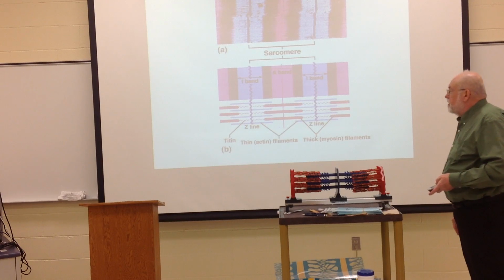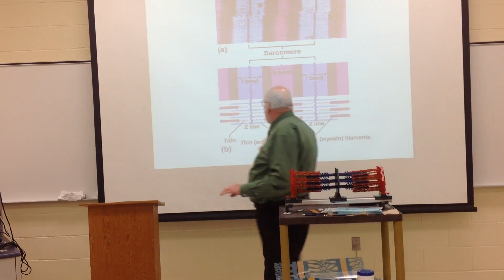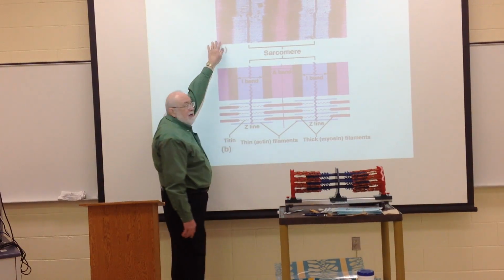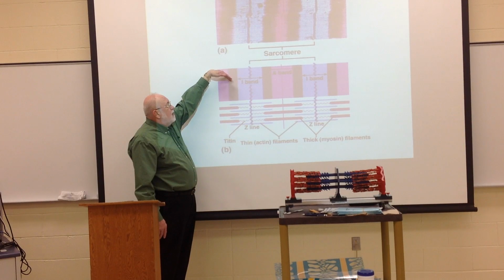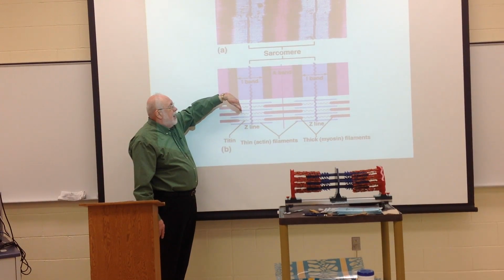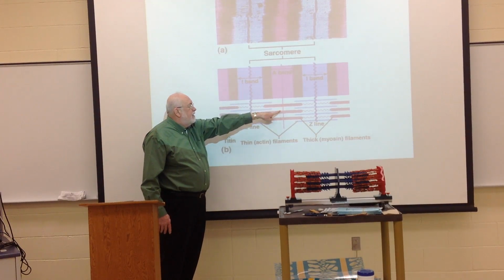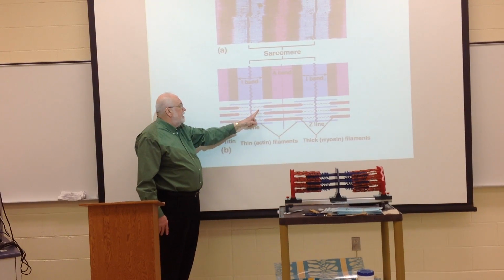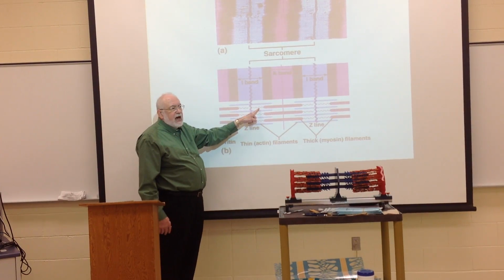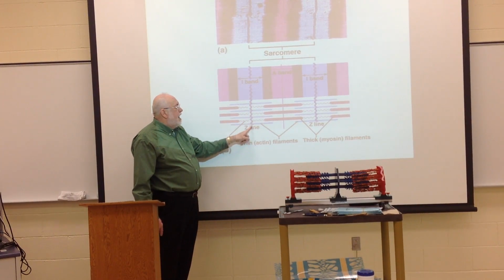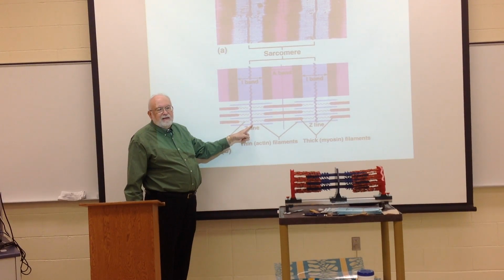All right, and so here we are with another diagram, and I like this one because there's an electron micrograph, and here we have a drawing made from it, and then here we have another diagram that actually shows the filaments. So we have the thick filaments, the thin ones. That is, of course, the elastic filament, which is made of titin. Here's the Z line. What's the Z line made of? What was the protein that makes it up?